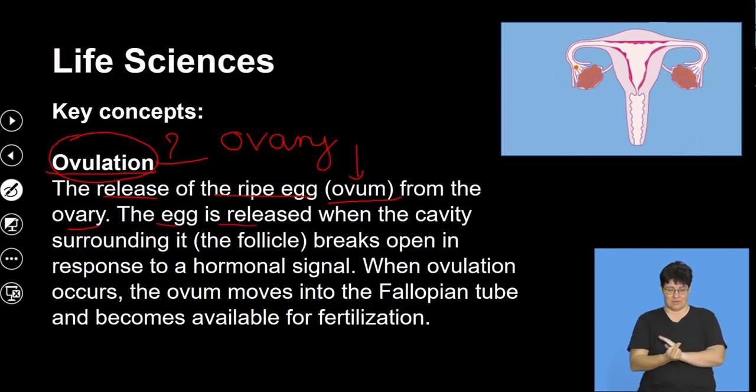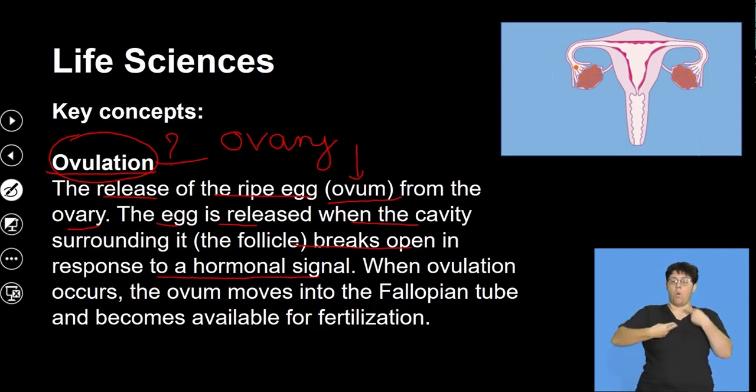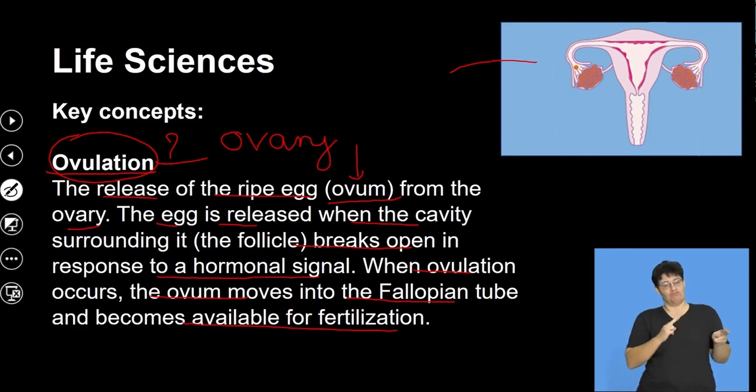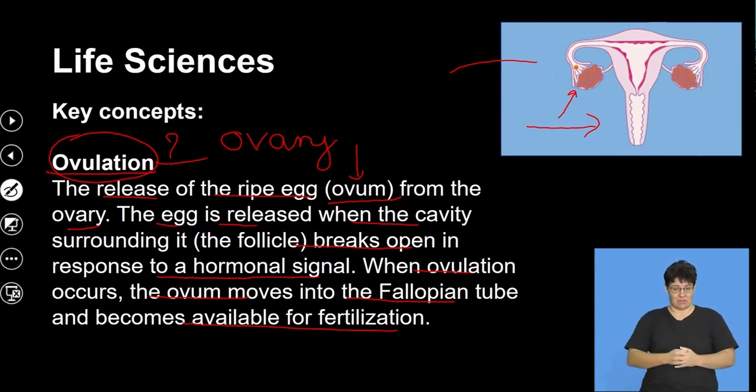The egg is released when the cavity surrounding it breaks open, in response to hormones that are released. When ovulation occurs, the ovum moves into the fallopian tube and becomes available for fertilization. As you look at my diagram here, a recap of the female reproductive system, we can see the ovaries situated in that space.